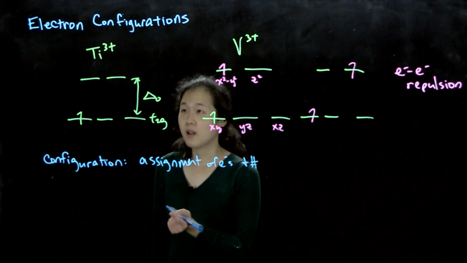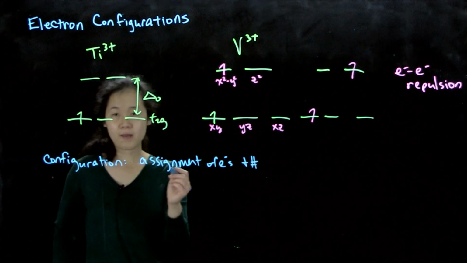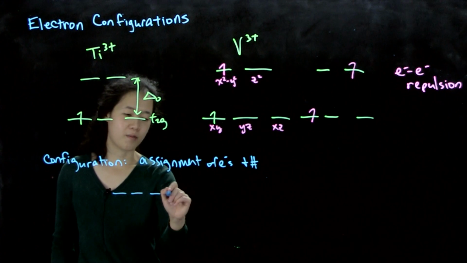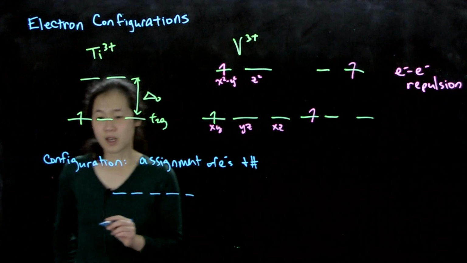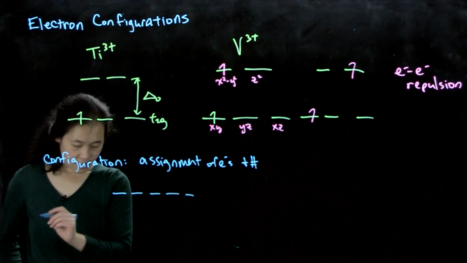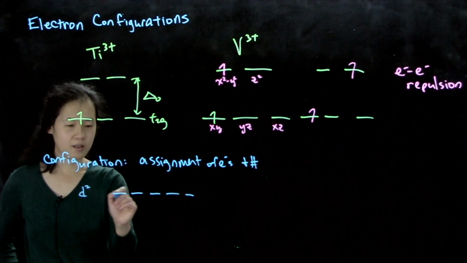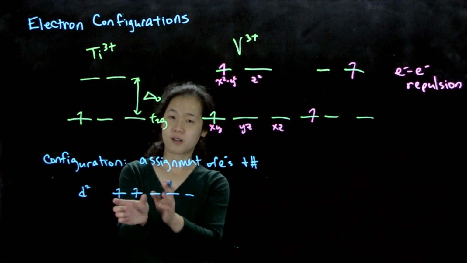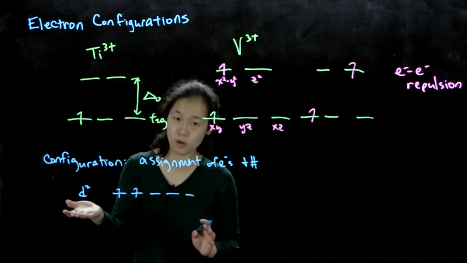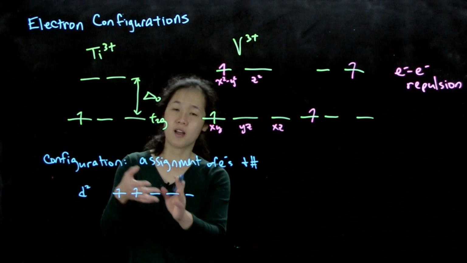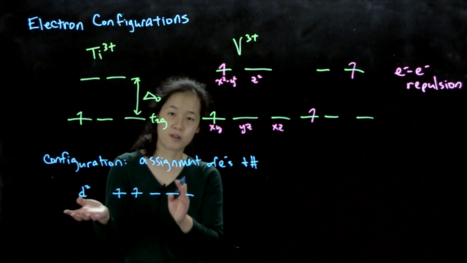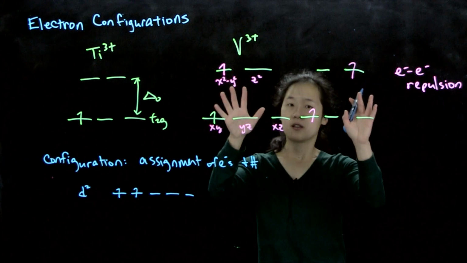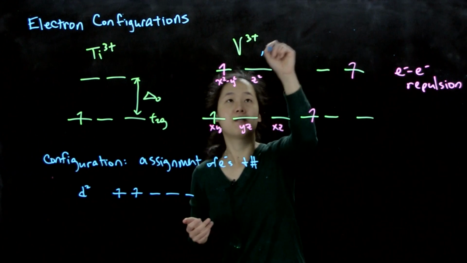So for example, if we think about having a number of electrons in d orbitals, for a free atom, we have 5 d orbitals. We could have, let's say, d2, for example. And then you could arrange these electrons in any of these orbitals. But we have 2 electrons, and they have to be somewhere in these 5 d orbitals. That's a d2 configuration. When we get to an actual molecule, vanadium 3+ is d2.